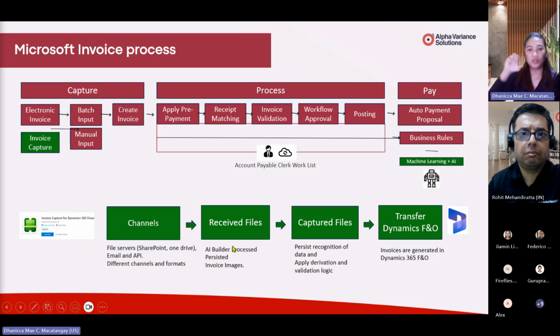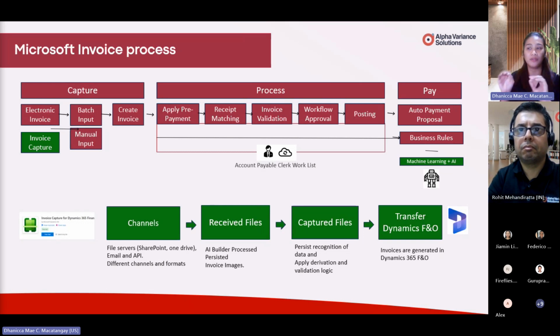And also, once we are done configuring those channels, the invoice capture application will now receive the files, those invoices going into it. Later, we will see where those received files are placed inside the invoice capture application.